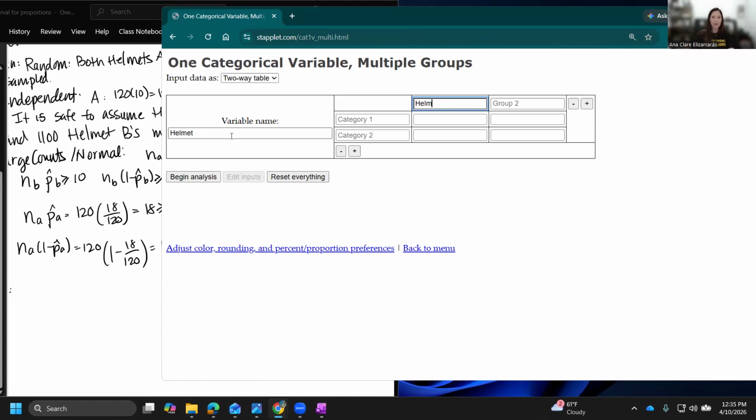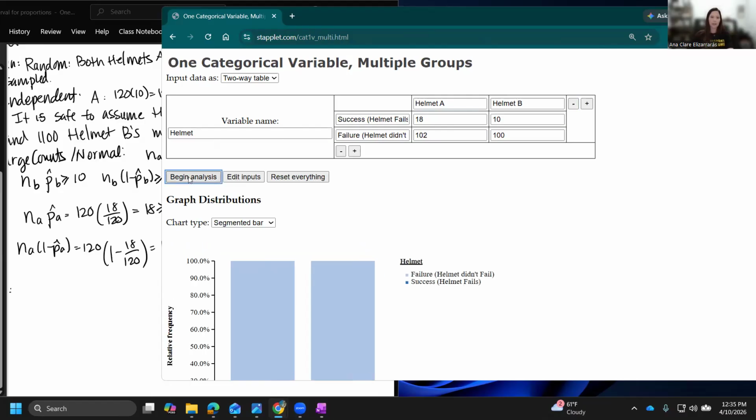Group A is helmet A. Group B is helmet B. And we need to call this success, which is helmet fails. Feels kind of weird. There were 18 in helmet A that failed and 10 in helmet B. And this is failure, which is helmet didn't fail. Seems kind of weird. 102 and 100.